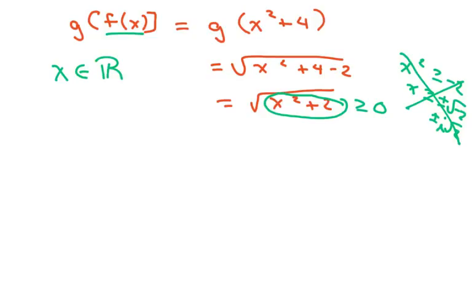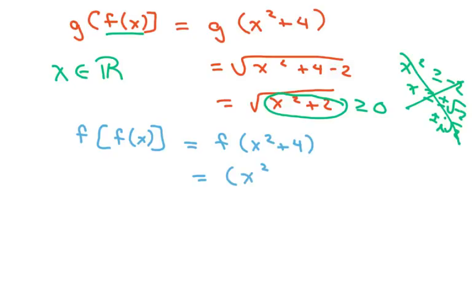Now the next one is f of f. Well, I'm going to rewrite this as f composed with f of x. And so we're going to write this as f of x squared plus 4. And then you substitute and you get x squared plus 4, squared, plus 4.